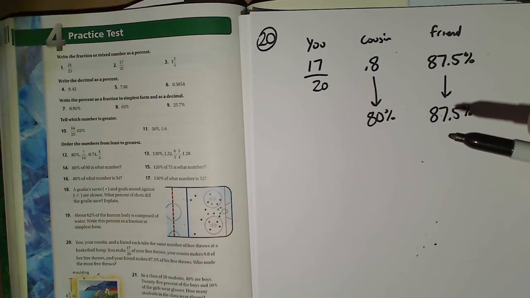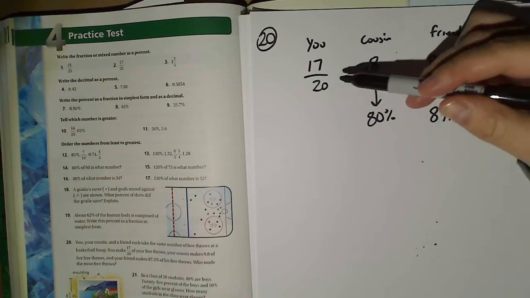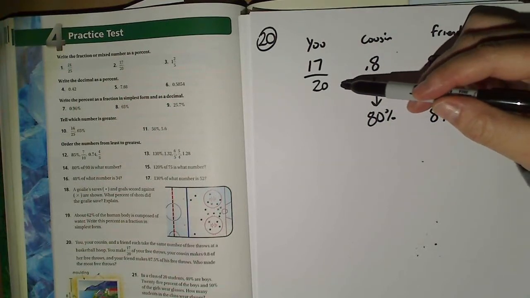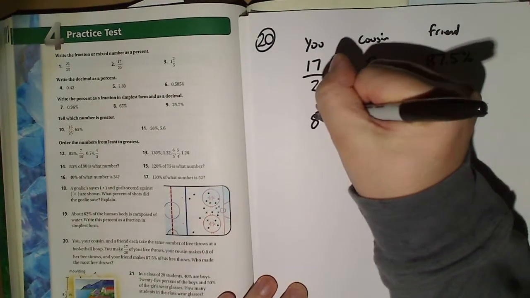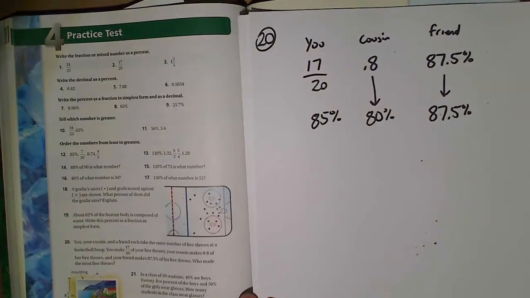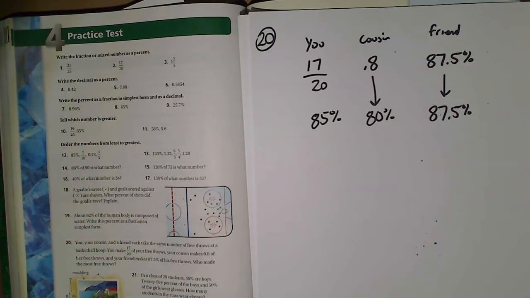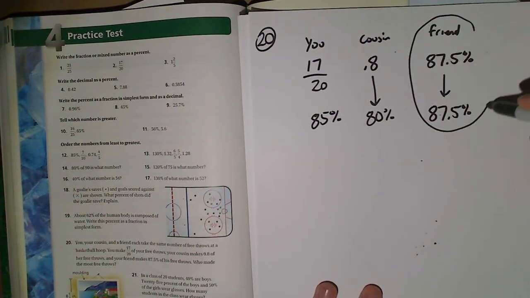Or maybe, I can't really simplify this one, maybe we could inflate it, right? 20 times 5 is 100, so 17 times 5. If we convert this over, we're going to end up with 85%. I know I didn't really show the work there, but that would be the way we do it. Who scored the most? That's got to be 87.5%, your friend.